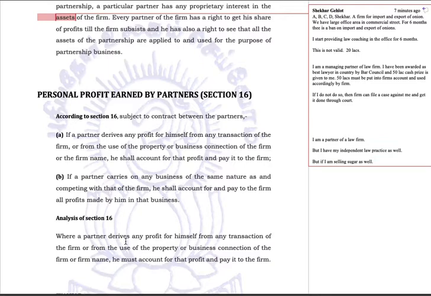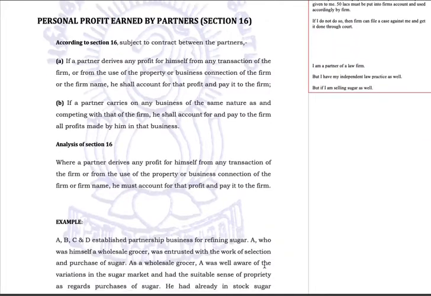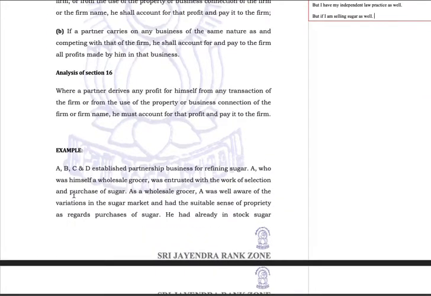Where a partner derives any profit for himself from any transaction of the firm, or from the use of the property or business connection of the firm or firm name, he must account for that profit and pay it to the firm. Let's do an example given by the section, given by the book.